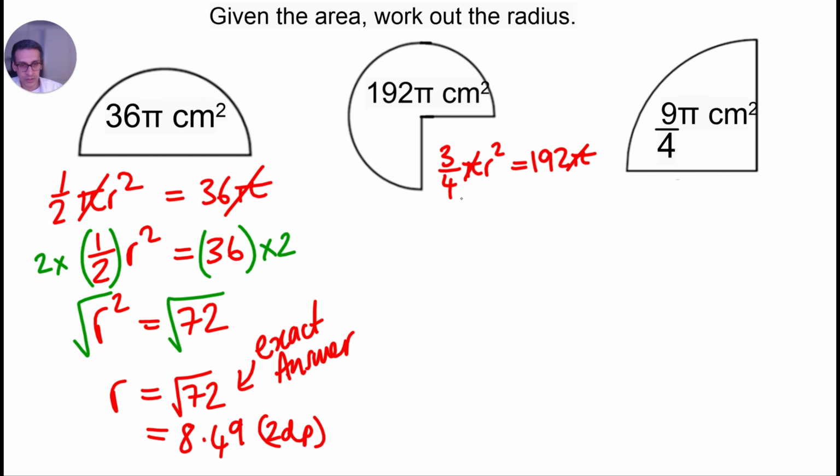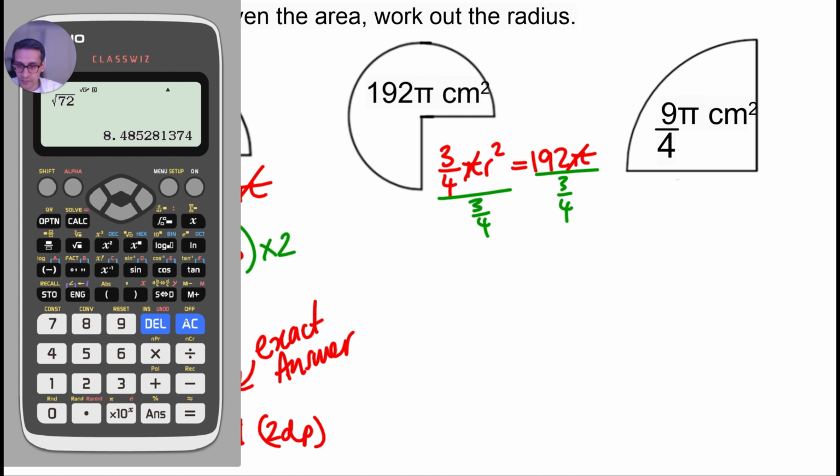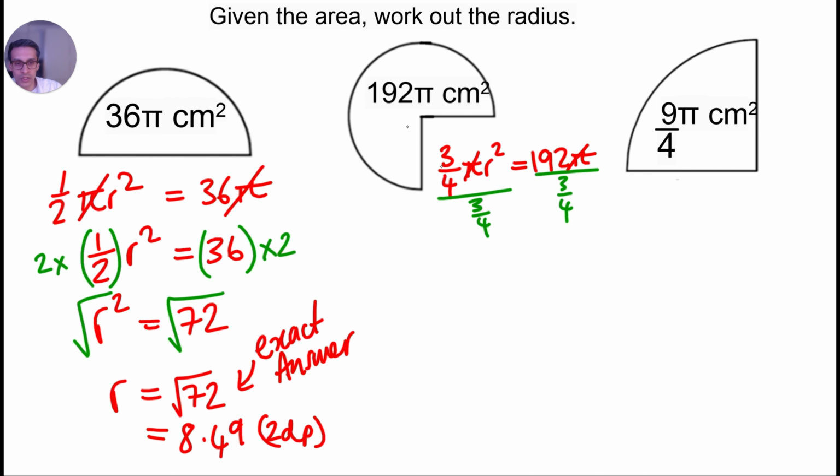There's 2 ways I can do this. I can multiply 192 by 4 and then divide it by 3. Or I can use a calculator, be a bit lazy here. I'm going to divide by 3/4. So 192 divided by fraction 3/4 gives you 256. You get a nice number.